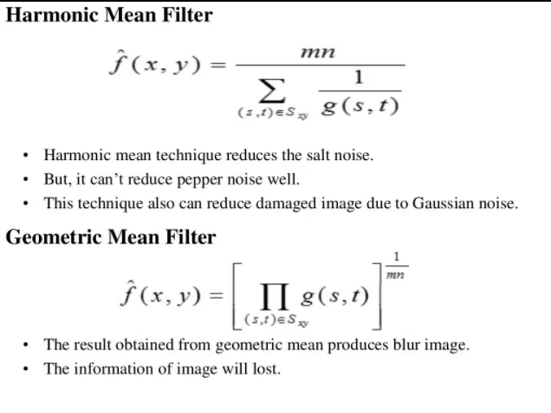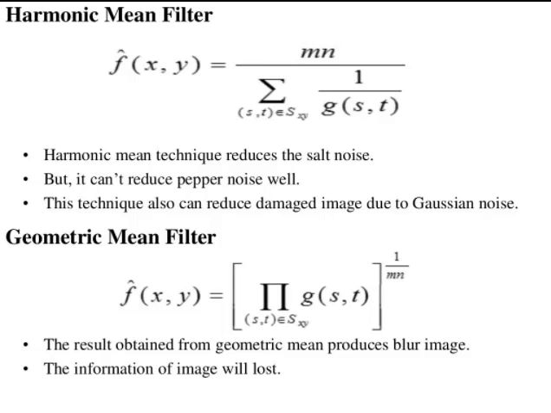Now let's see the generalized equation of the harmonic mean filter. It is f of x comma y is equal to mn upon summation of 1 upon g of s t. For the geometric filter it is the product of g of s t raised to 1 upon mn.